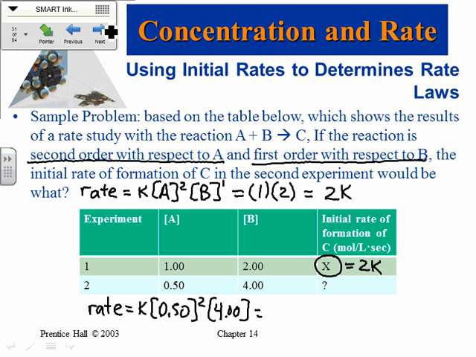That's going to give us, I think, 1K. So if X equals 2K, then this one down here is going to be half of that, or 1/2 X. So that's what they're asking you for, how does that relate to the one above it? That's kind of a weird question. But hopefully that makes sense. We can talk about that in class if it doesn't.